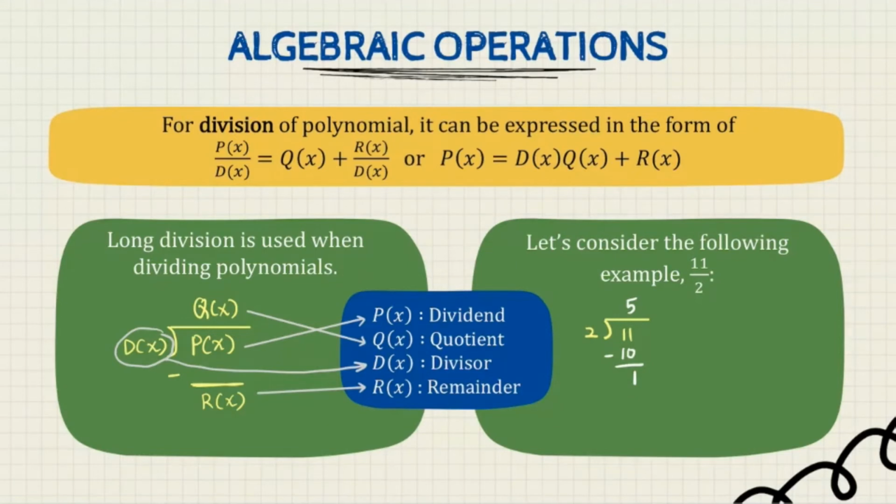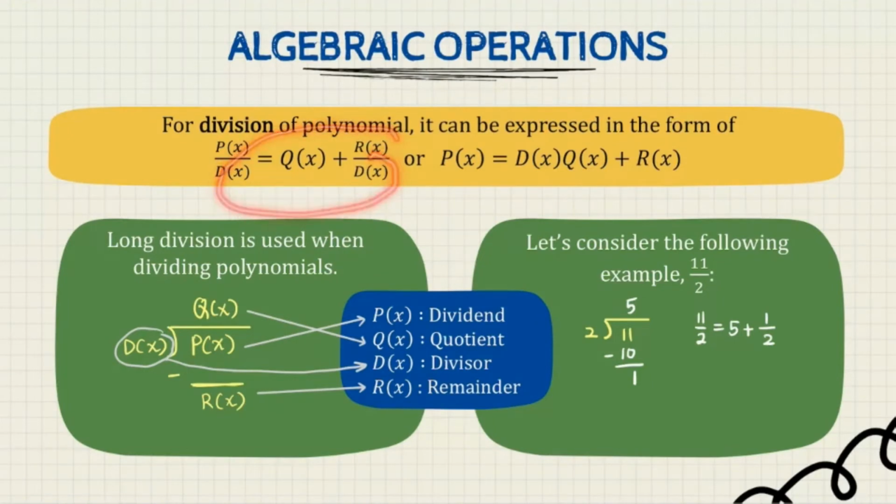So kalau kita tulis in terms of this expression kat sini, 11 over 2 will be equals to 5 plus, okay, and then kat sini apa? Remainder over divisor kan? Remainder kita adalah 1 per dengan 2. So ini adalah cara penulisan yang pertama lah.